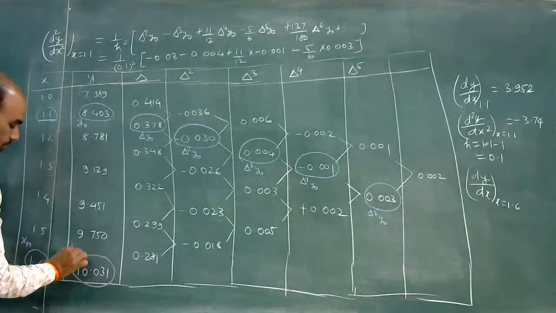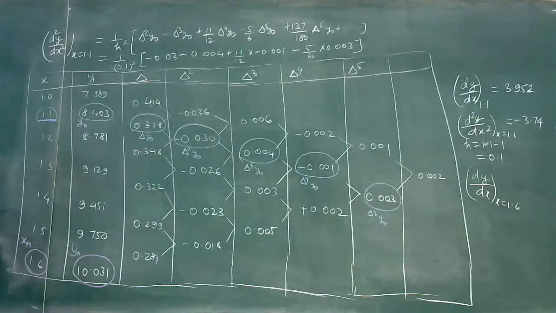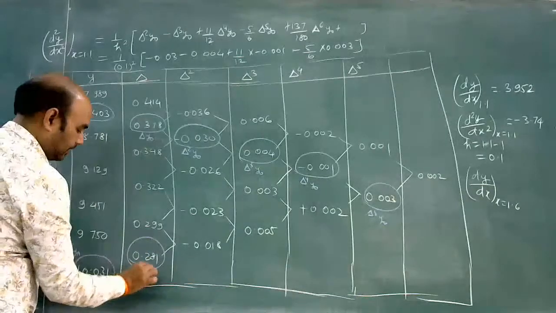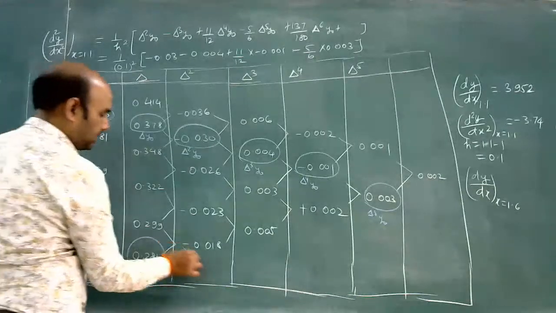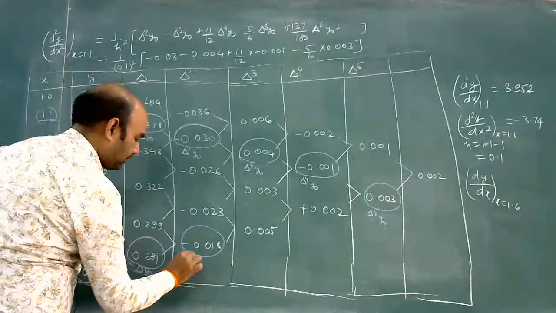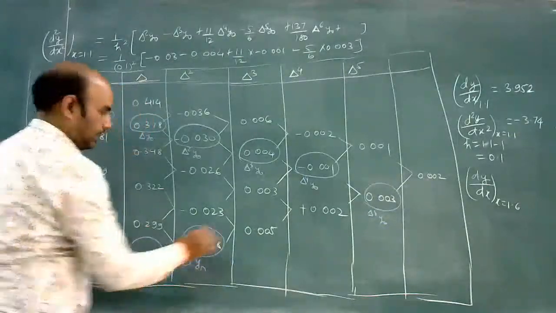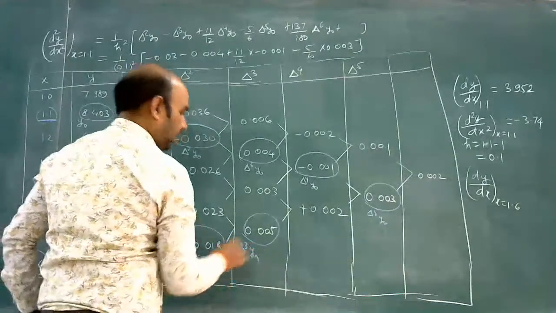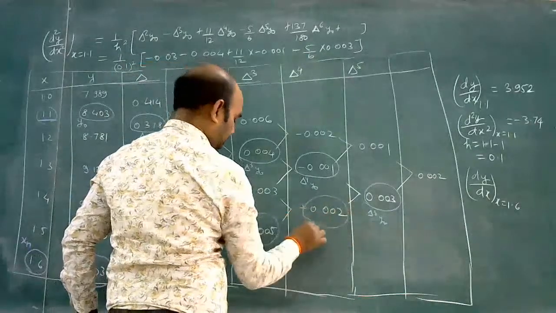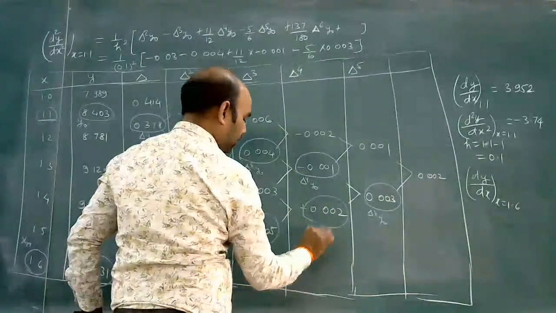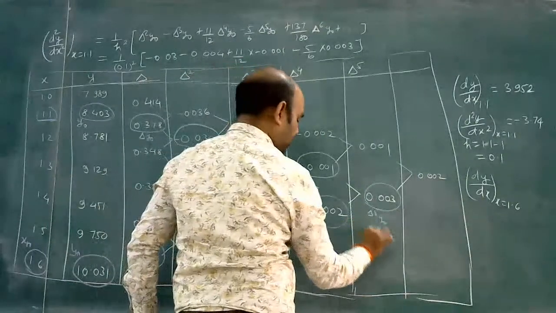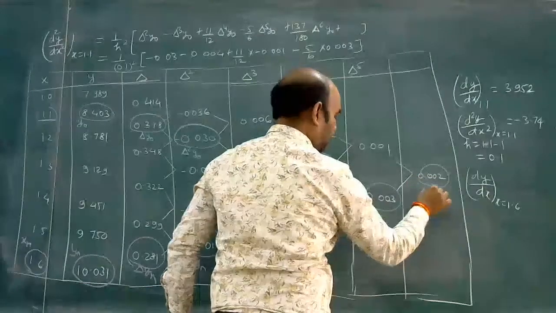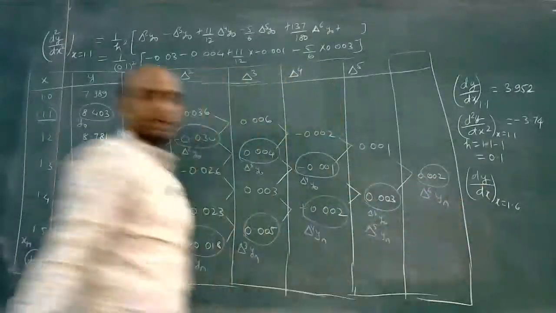Then this will be del yn, this is del square yn, this is del cube yn, this is del to the power 4 yn, this is del to the power 5 yn, and this is del to the power 6 yn.